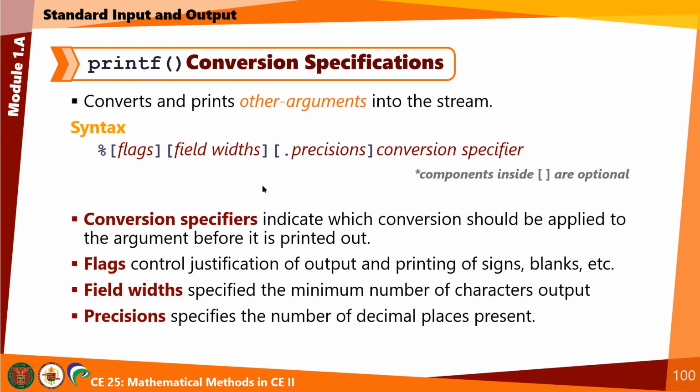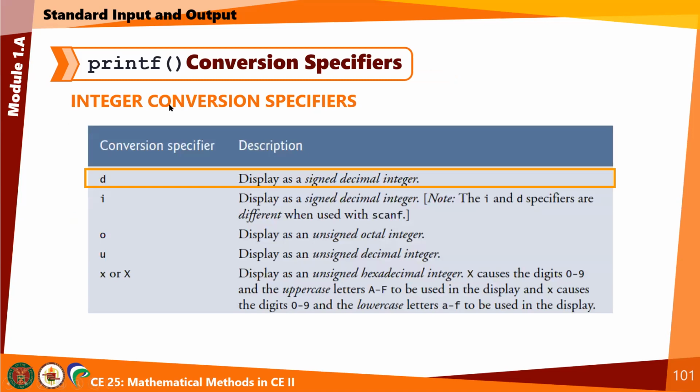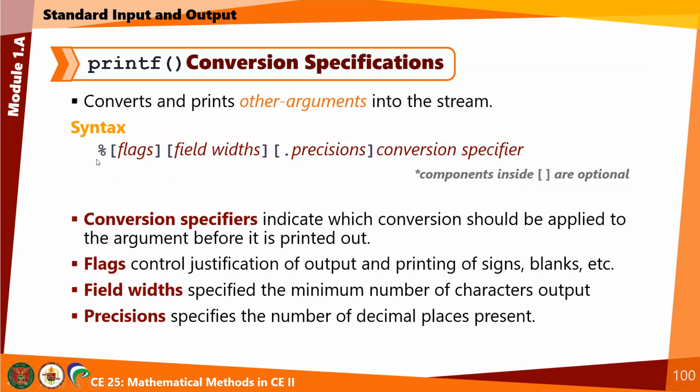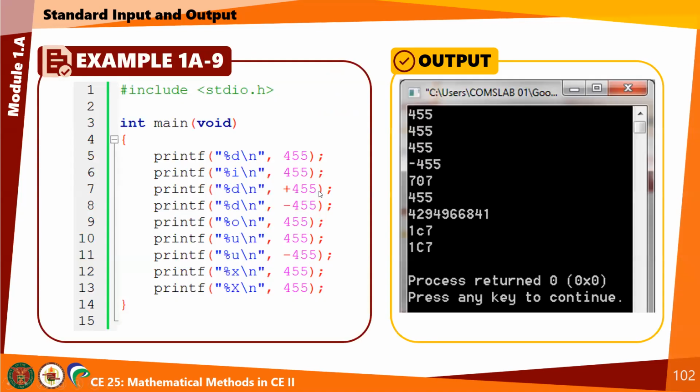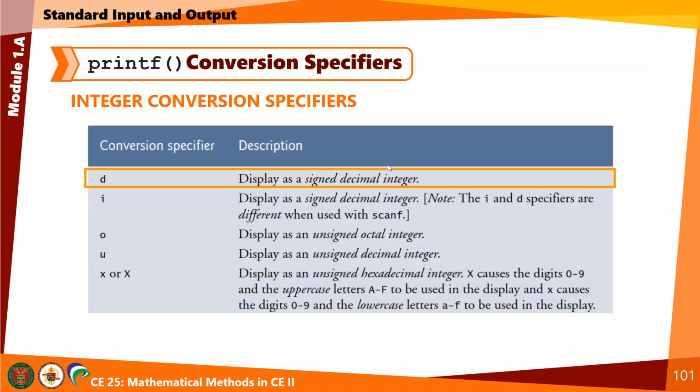So here, okay, so percent, let's move here. So here, %d displays a signed decimal integer. Okay. %i displays a signed decimal integer. Note that %i and %d are different specifiers when used with scanf.